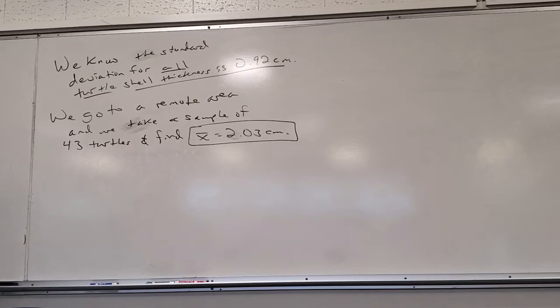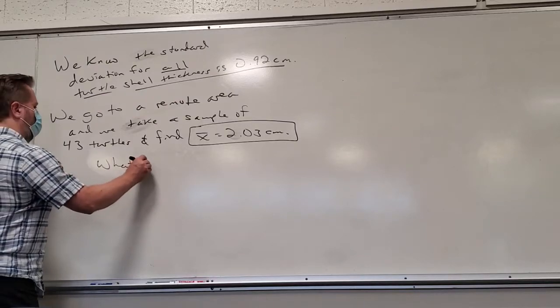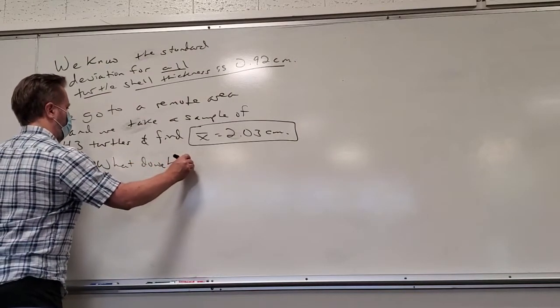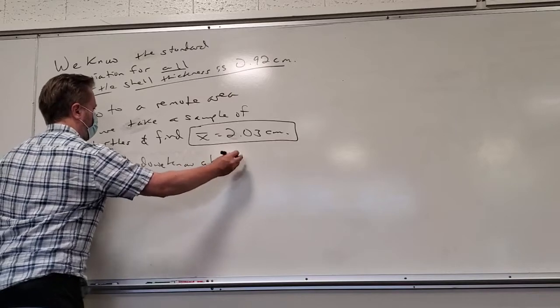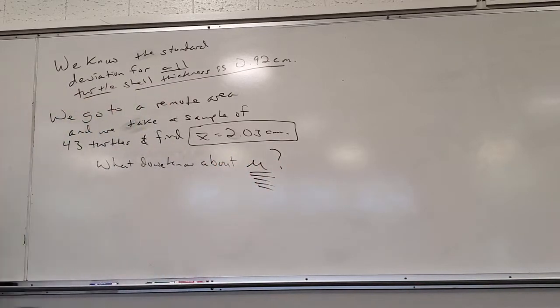Are you with me? So this is just a sample. What do we know about mu? What would this be in this case? Don't give me a number, because you can't possibly know it. We don't have a clue what the number is, but what does it mean?